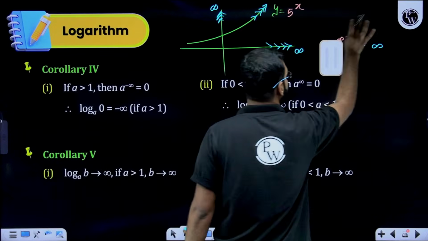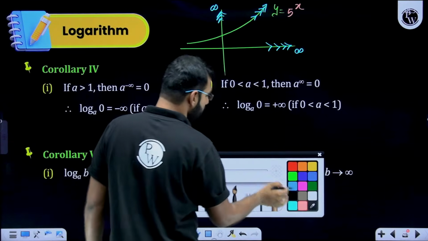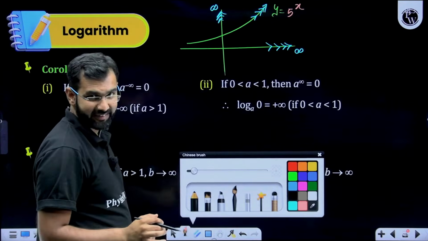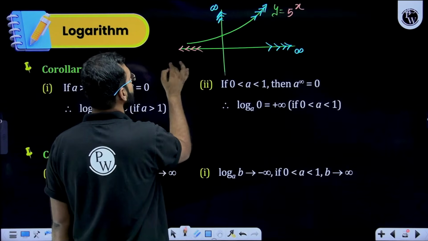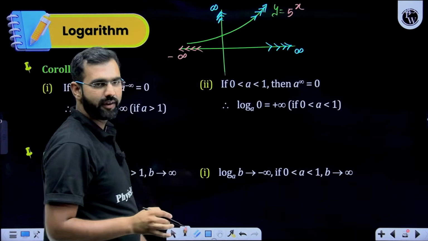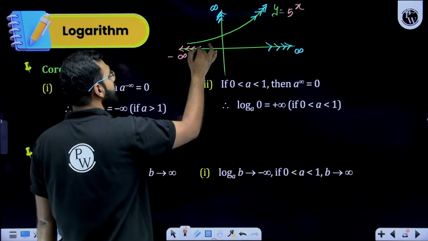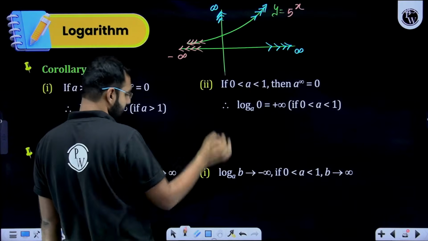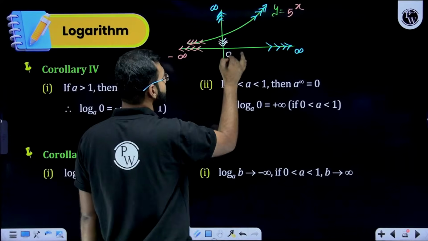Now, when I talk about the second result, which means what? The lowest value of this x could be what? x can take any value, so the lowest value of x could be minus infinity. So when x approaches minus infinity, where does this curve go? I hope you are seeing this curve is going towards 0.